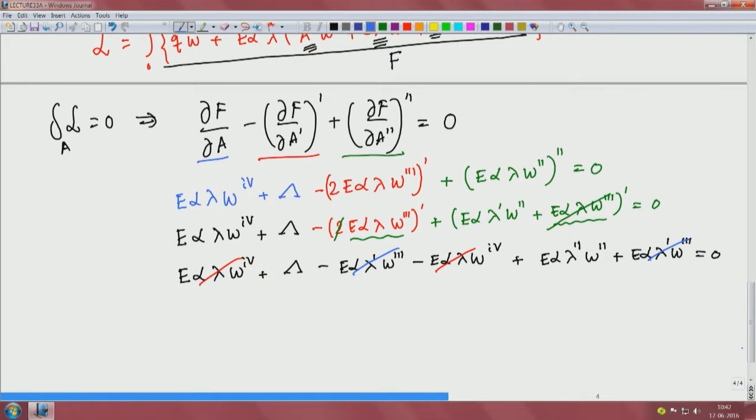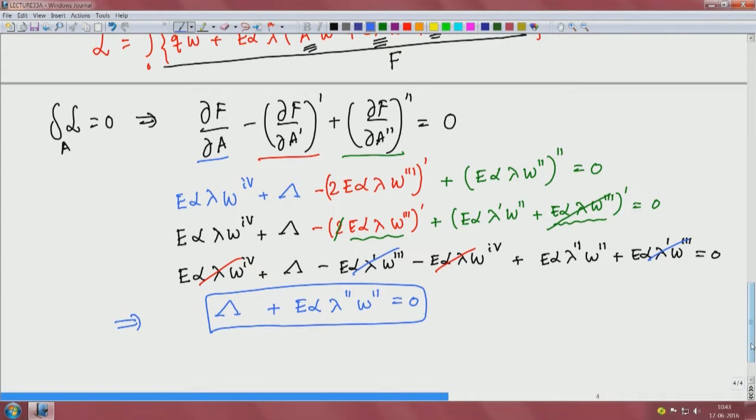So, what we get with this is just lambda, and then we have plus E alpha lambda double prime W double prime equal to 0. Let us keep it aside for now, because we do not know what lambda is as yet.